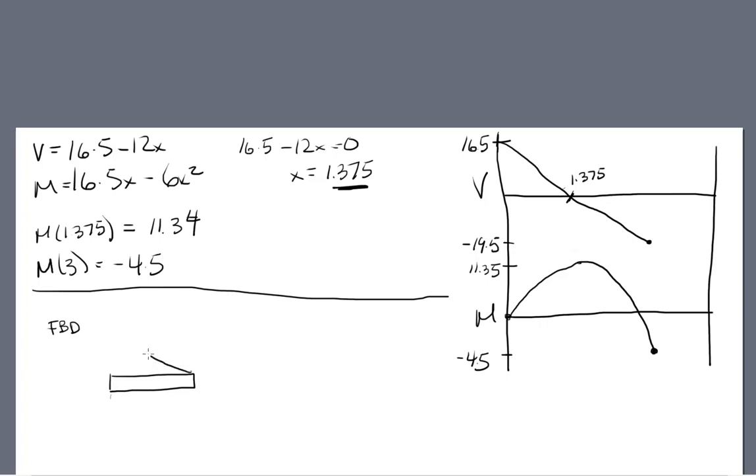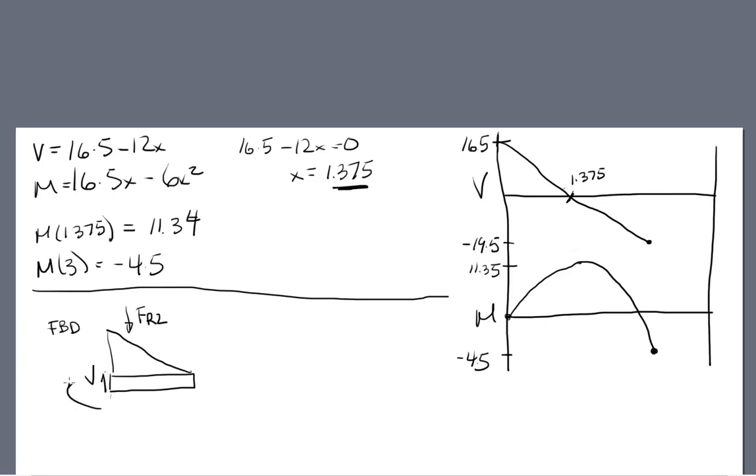So our distributed load is doing this. Okay, we're going to have an FR. I believe we called this FR2. And then we're going to have a reaction here, internal reaction here.